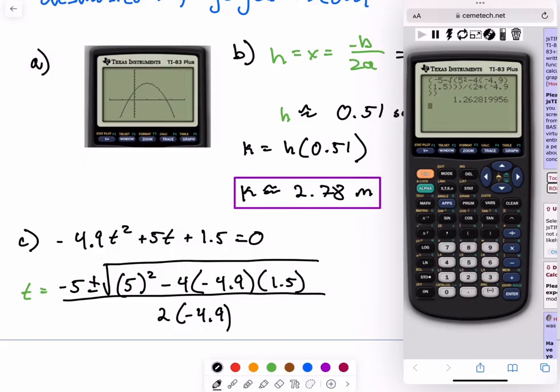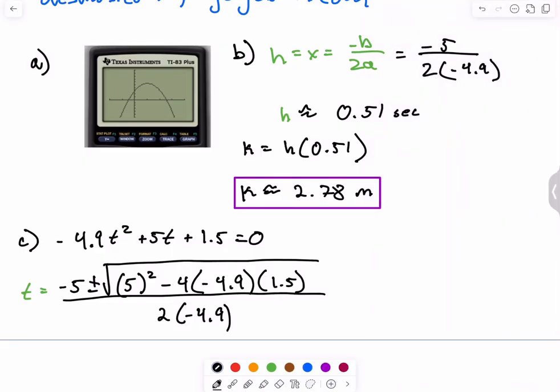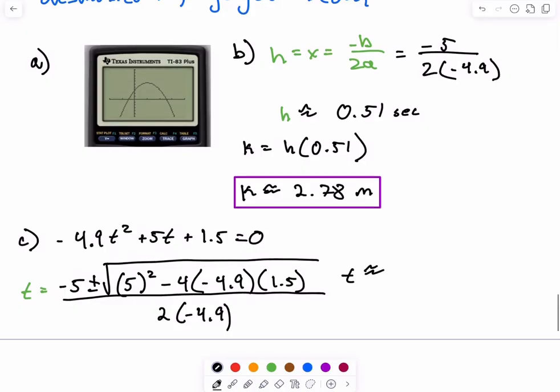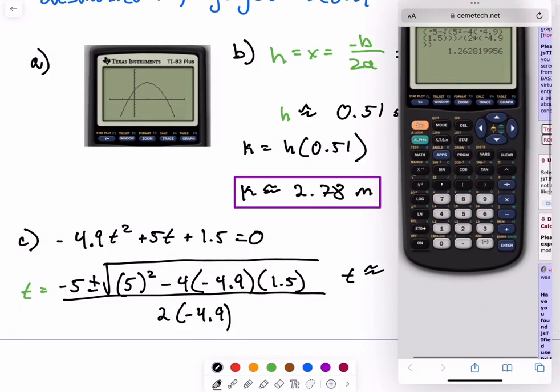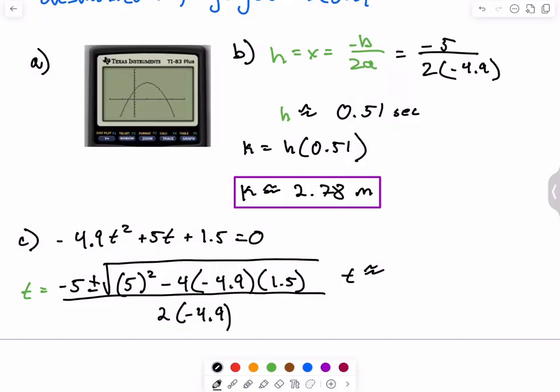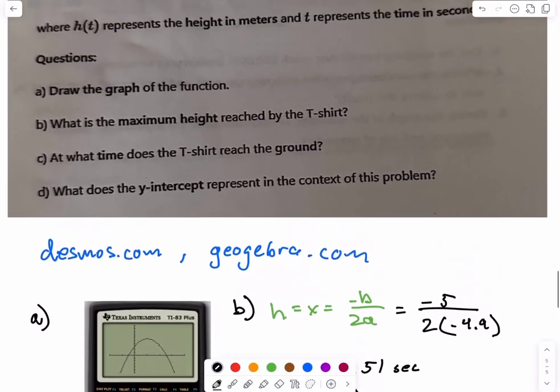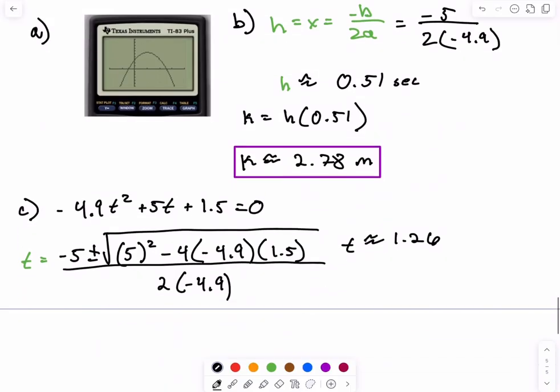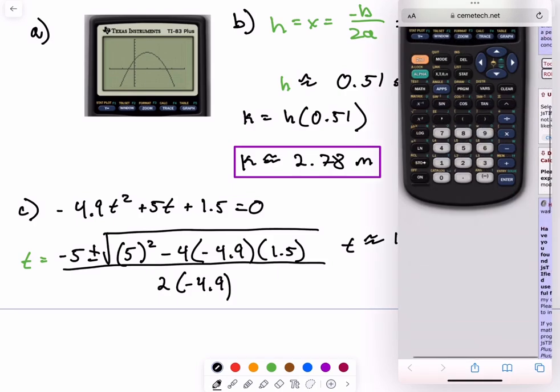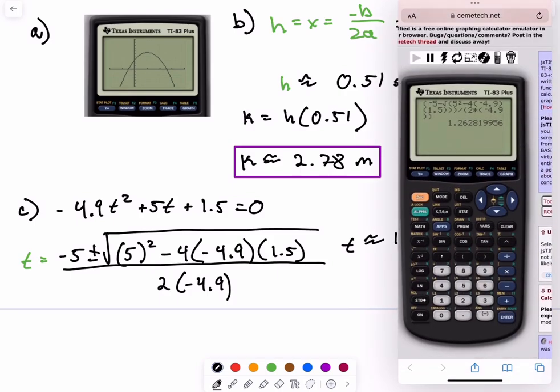We got a result. It's not negative. Okay. So then t is approximately 1.26 seconds. It should be seconds. So when we did the minus, we got 1.26 seconds.